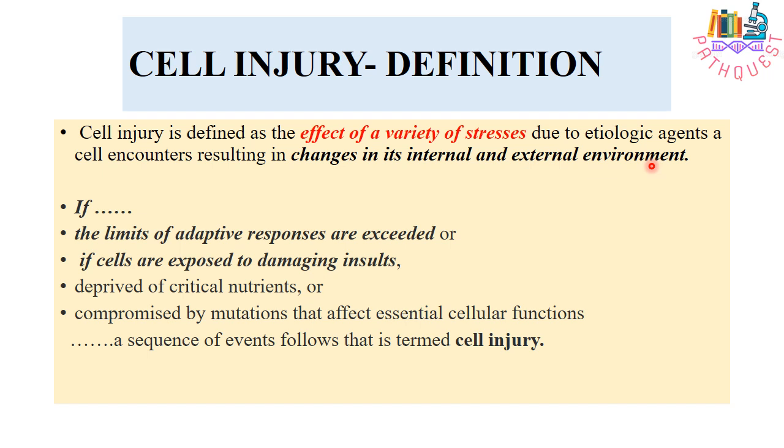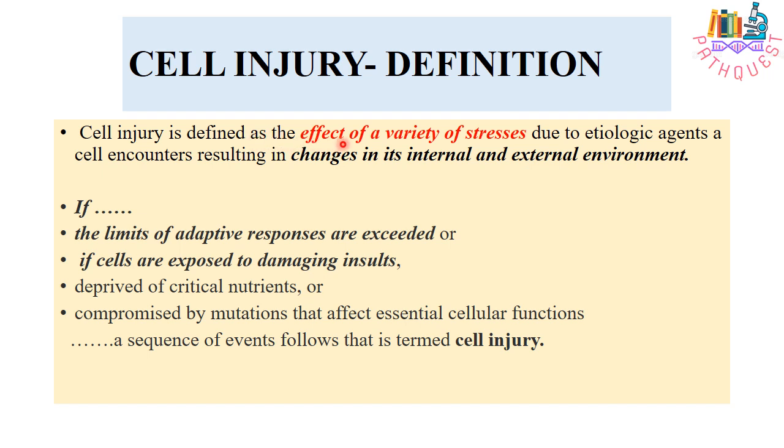Whenever we are defining a condition, we must first understand the important words or vocabulary used in that definition. So, what are the important words in the definition of cell injury?